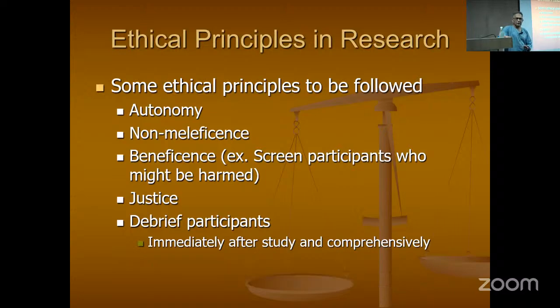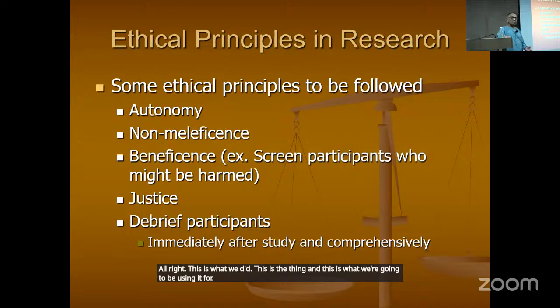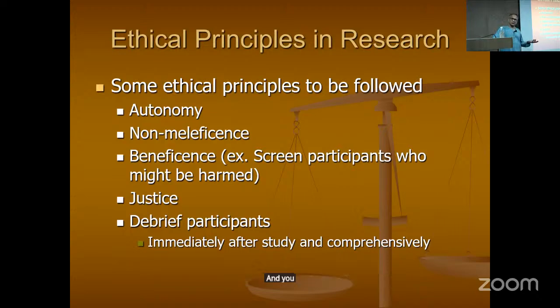This is what we did, this is the thing, and this is what we're going to be using it for. And you even have to promise to give all of them access to the results of the study.